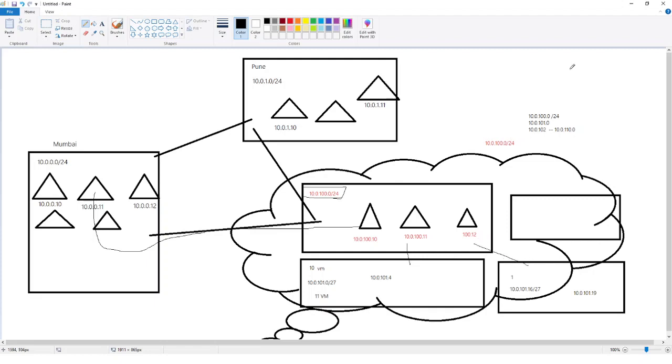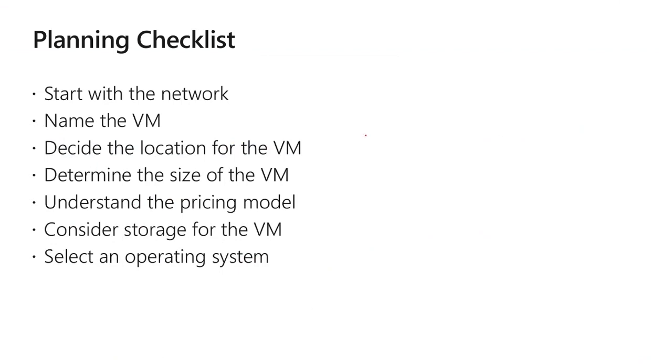Make sense? Yes. Starting with the network is the most important thing. You have to decide it. Secondly, when you deploy a virtual machine, you should deploy it in the proper network, whether it's a production network, a development network or a UAT network. Most of the time in an organization, every project or every environment will have a different network.